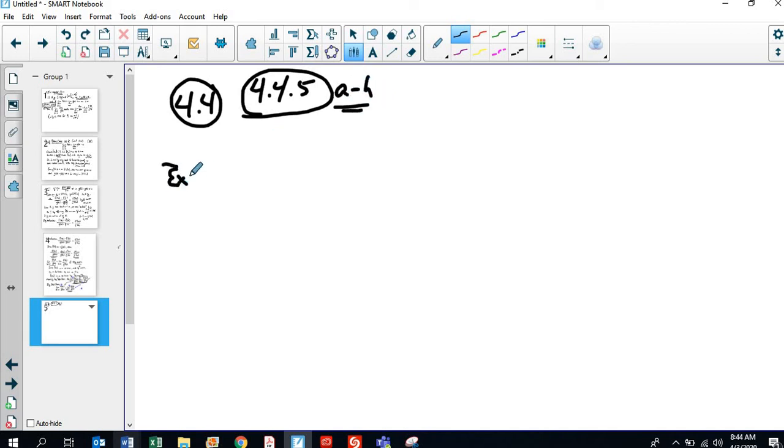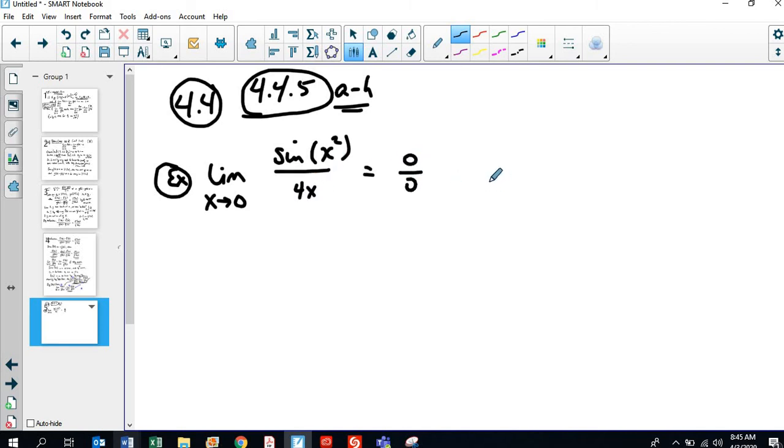So let me give you an example of how we handle L'Hopital's rule, limit as x approaches 0 of the sine of x squared all over 4x. If you plug in 0, you get 0 over 0. And so we use L'Hopital's rule.